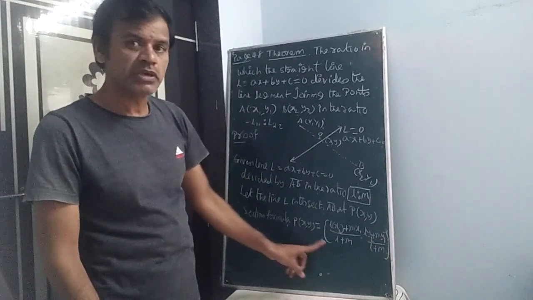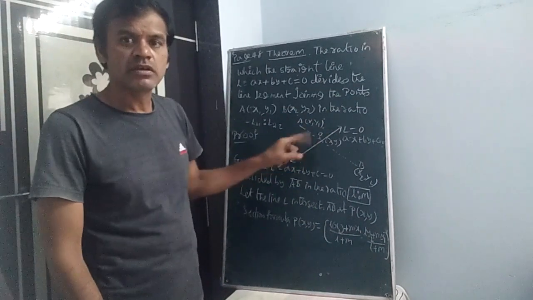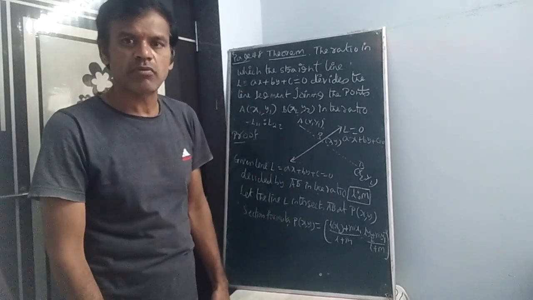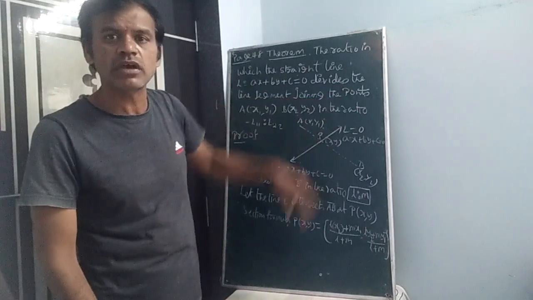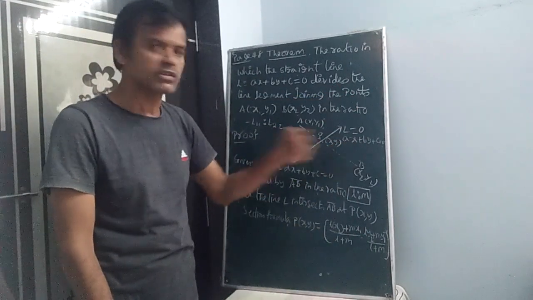What is this point P (x, y)? Wherever the line is intersecting AB, that is P (x, y). We got it like this. Since P (x, y) lies on the line L equal to Ax plus By plus C equal to 0, we should substitute this value in this one.